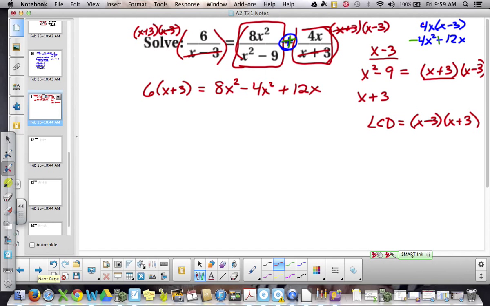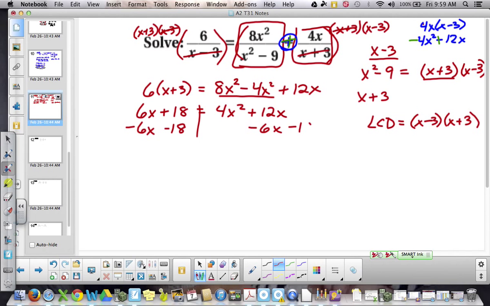And over here, this is going to be 6x plus 18 equals, and I can combine these two to get 4x squared plus 12x. So again I'm left with a quadratic equation, so I want to get it set equal to 0. Subtract 6x on each side, subtract 18 on each side, and we get 0 equals 4x squared plus 6x minus 18.